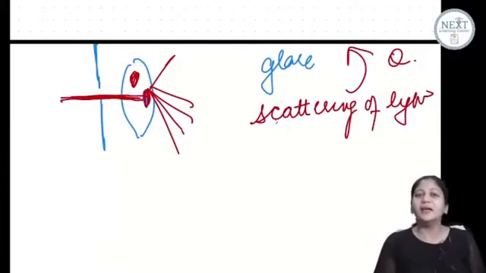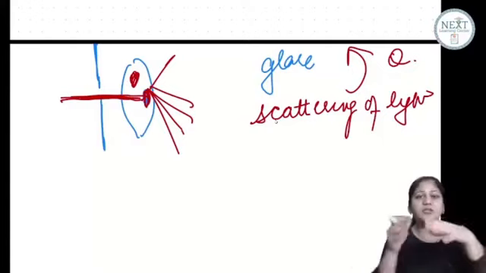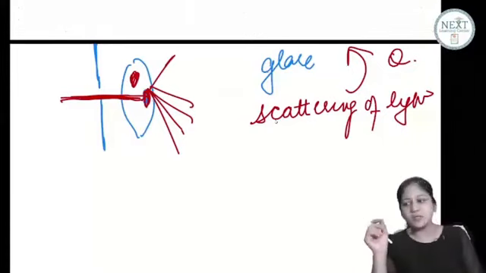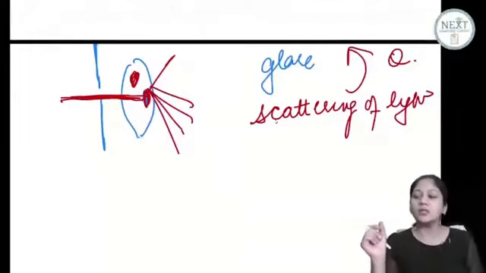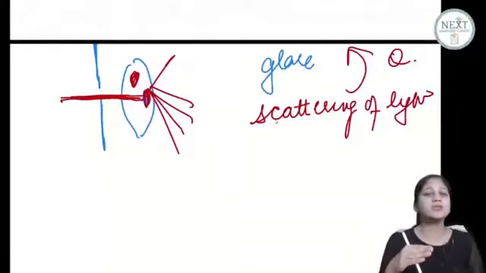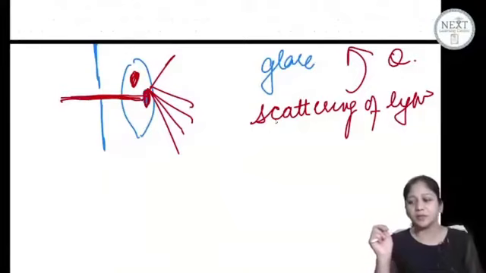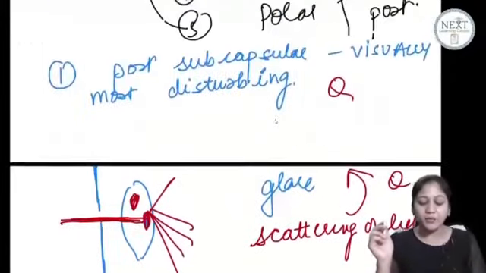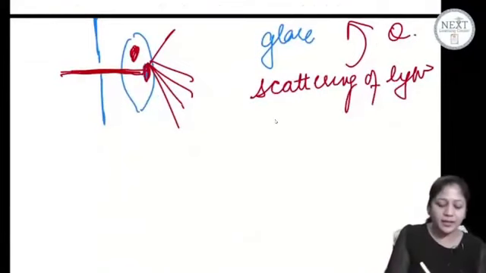That is why the light rays converge here, and when they are getting converged, because of this opacity, they will undergo scattering. Okay, so it's not wrong, it will be there in posterior polar region also, but mostly it is with subcapsular. ठीक है.